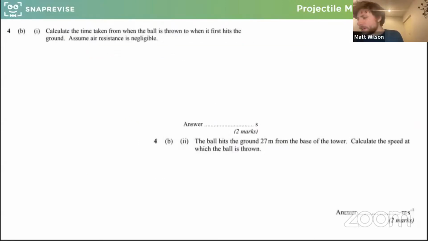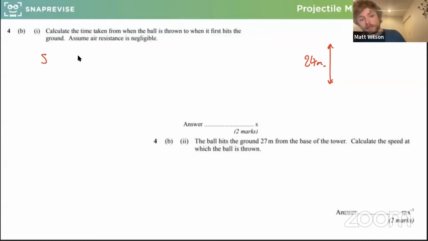Next question. We're asked to calculate the time taken from when the ball is thrown to when it first hits the ground. We're allowed to assume air resistance is negligible. And we should recall that in this question, we were told that we begin at a height of 24 meters. Interestingly, we were not told anything else.